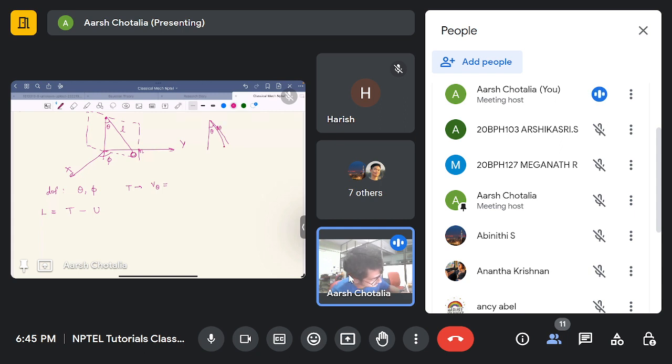Then what would be the displacement along this? Since the length of the rod is L, this will be L d theta. In dt time, you divide by dt, that is your v theta. So v theta would be L times theta dot.